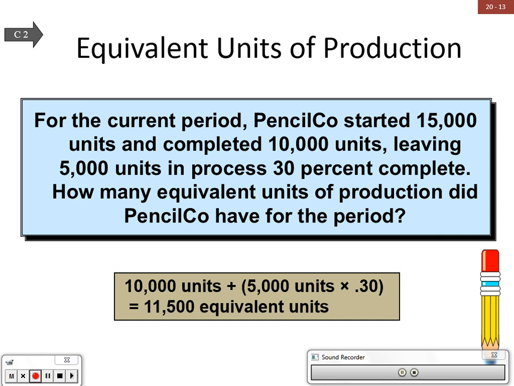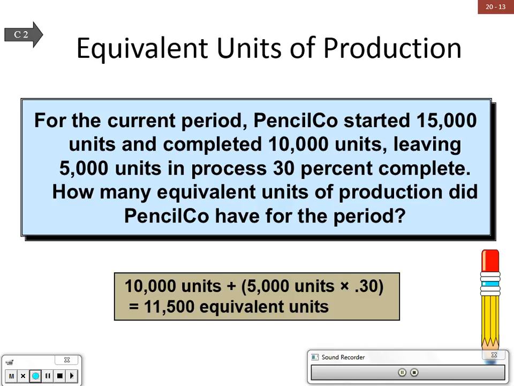So for current period, they got 15,000 units that they started. They completed 10,000 of those units, leaving 5,000 in goods in process, 30% complete. This is why the EUP is so important, because if you only got 30% complete, you automatically know you have how much left to do. 70%, right?